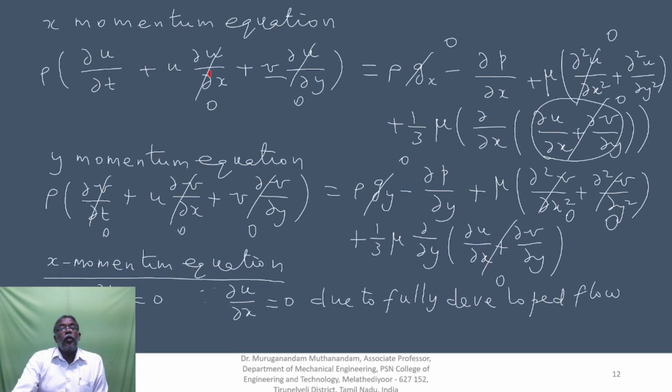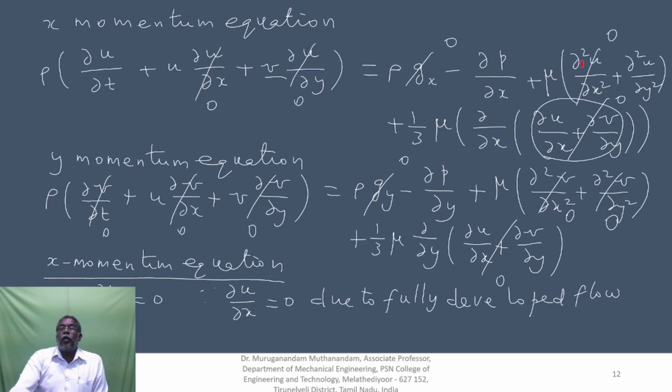So these two terms, the second term in the left hand side and the last term in the right hand side, are equal to 0 based on the two conditions. The second term in the left hand side is 0 because of the fully developed flow condition. The last term on the right hand side is 0 because of the reduced form of the continuity equation.